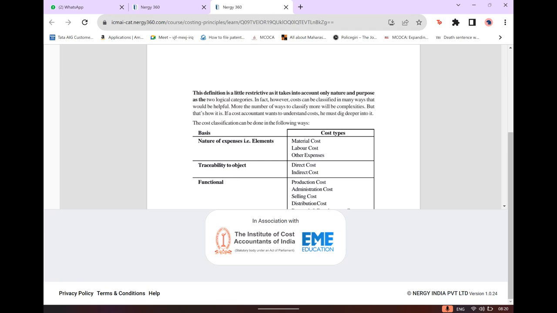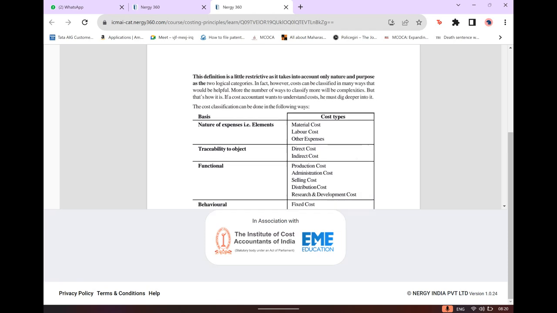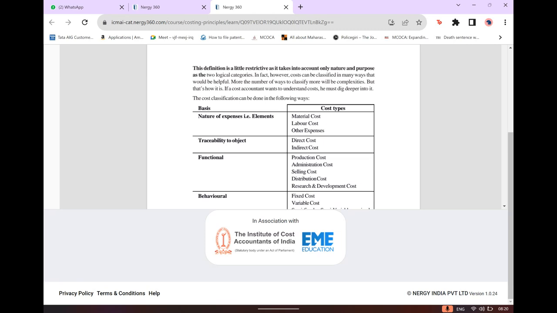So let us try to understand. The cost classification can be done as under. If it is on the basis of nature of expenses, that is element wise classification, then it can be direct material, direct labor, and other expenses. They can ask you a multiple choice question: which of the following is not a nature wise or element wise classification of cost.